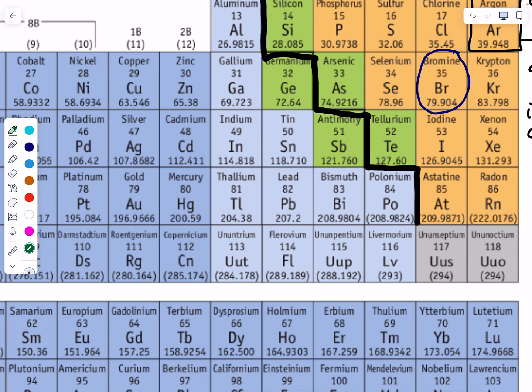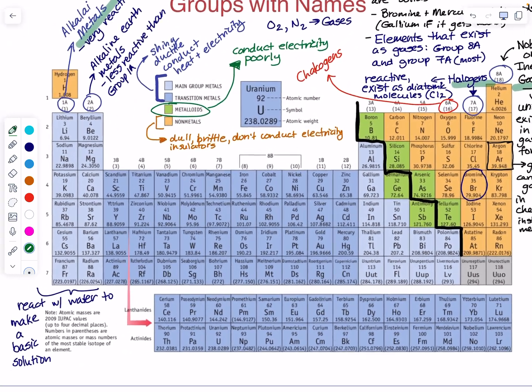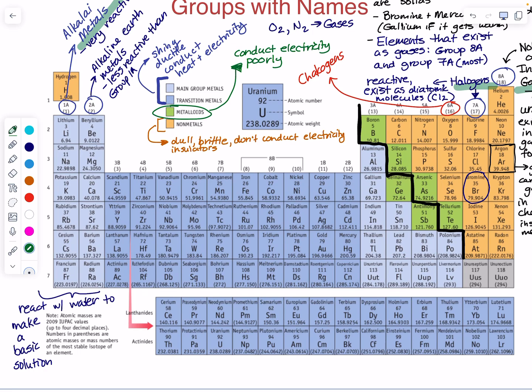Okay, so these are, look at their atomic numbers, okay? They're really big, right? And what did we say about elements whose atomic numbers are above 83? They're radioactive, their nuclei are unstable.